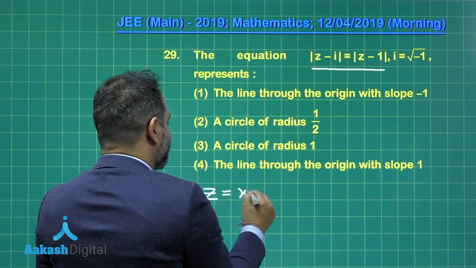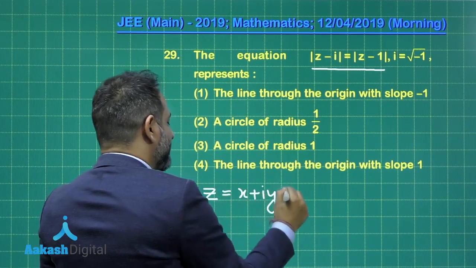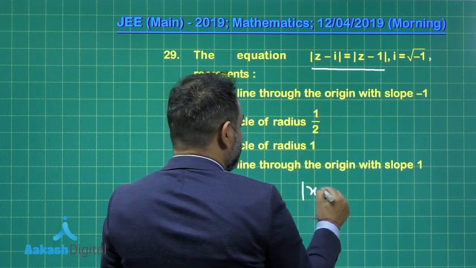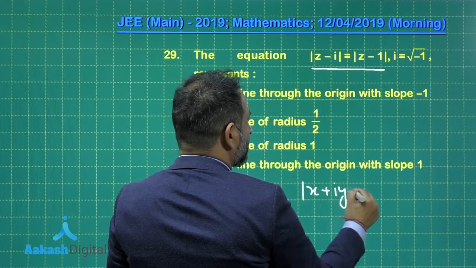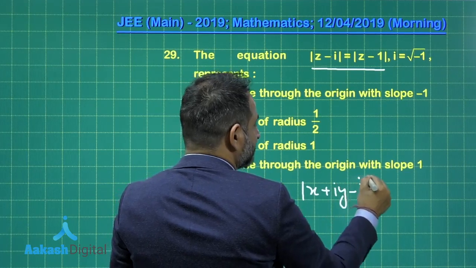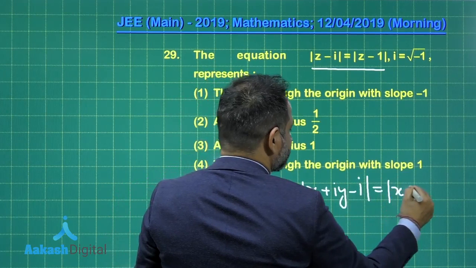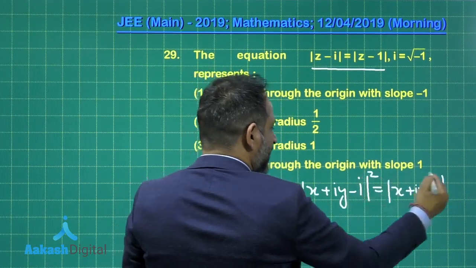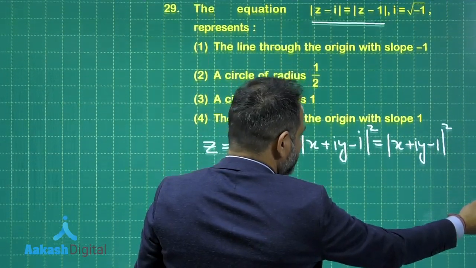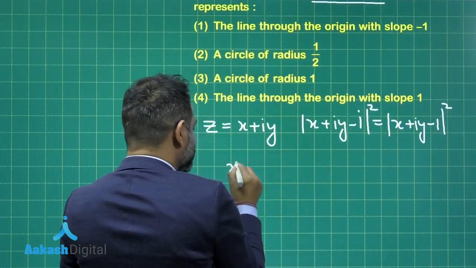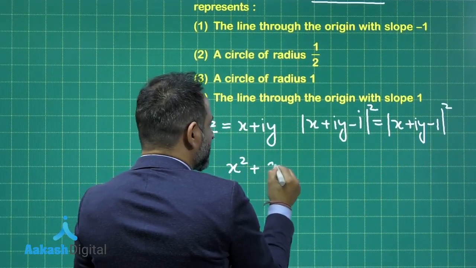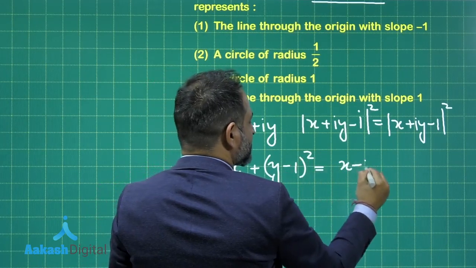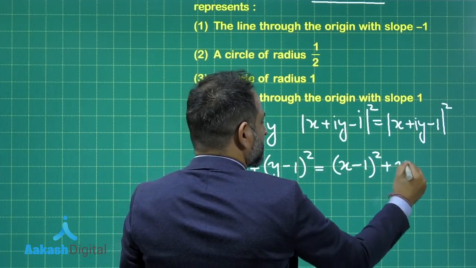So we are substituting x plus iota y in place of z. Just by substituting here and taking the modulus on both the sides, and now if we take the square on both the sides, let's see what we are going to have here. It is x square plus y minus 1 whole square is equal to x minus 1 whole square plus y square.